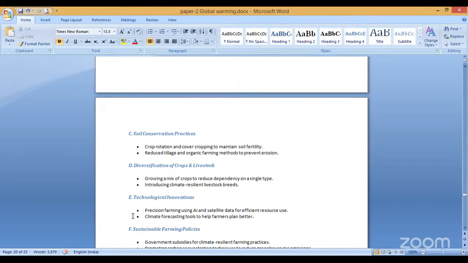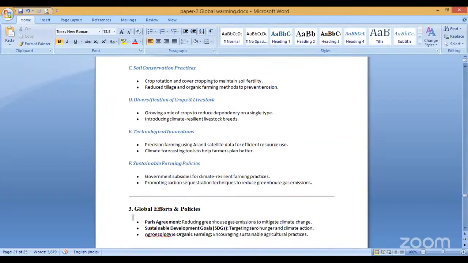And the next one is soil conservation practices. Crop rotation and cover cropping maintain the soil fertility, reduce the tillage, and organic farming methods prevent the erosion. Then the next one is diversification of crops and livestock: growing a mix of crops to reduce dependence on a single type, introducing climate-resilient livestock breeds.